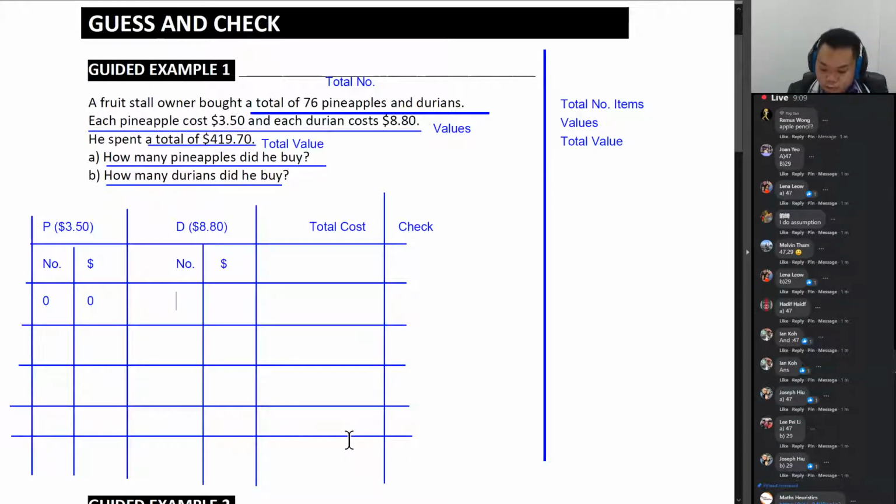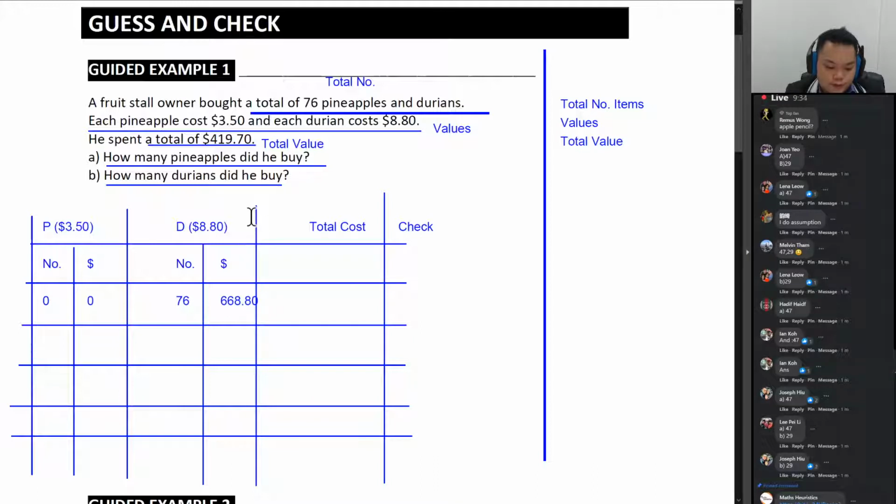Because your total number of items add up to 76, you want to say that you have 76 durians here. 76 times 8.80 will give you 668.80. Correct?